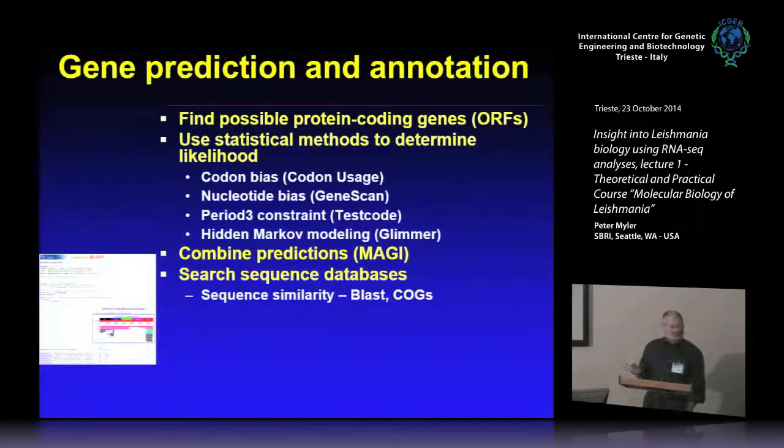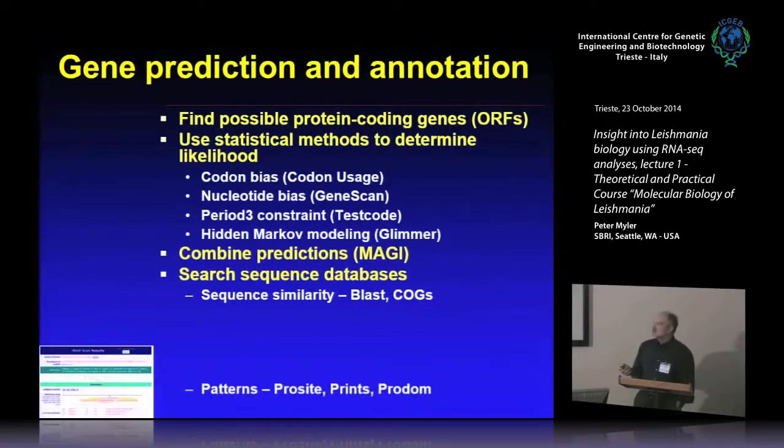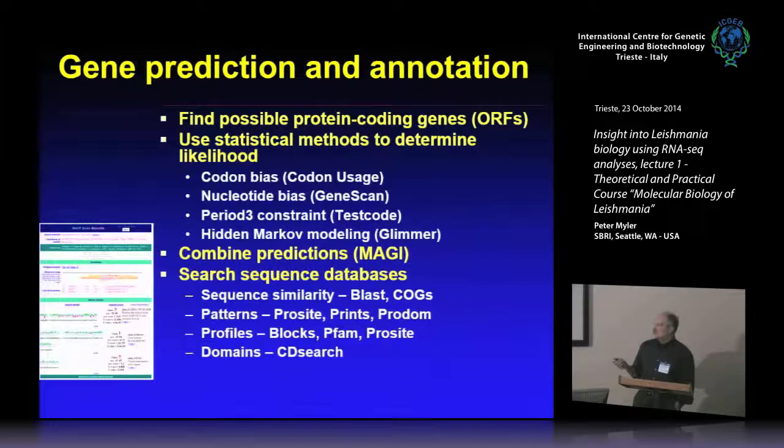And you'll be doing a little bit of that this afternoon if you haven't already done it. Probably most everyone here has done a BLAST search or 2 anyway. So that works for about 40% of the genes in Leishmania. They have some similarity to something else, but the rest don't, at least using BLAST.